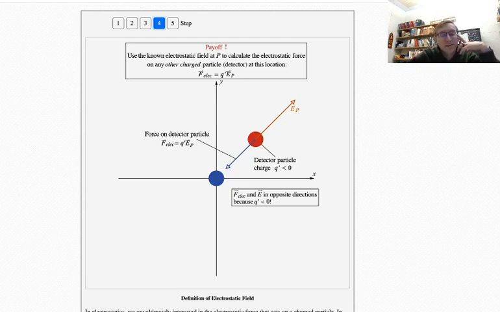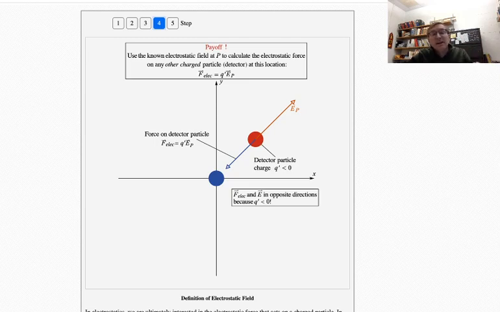That red disk, that point particle, which we're going to call the detector particle, is immersed in the electric field of the source particle. And at the place where it is, that electric field is E at P. We can now calculate the electrostatic force on the pet particle, the detector particle, using F electric, using the concept of electrostatic field as force per unit charge.